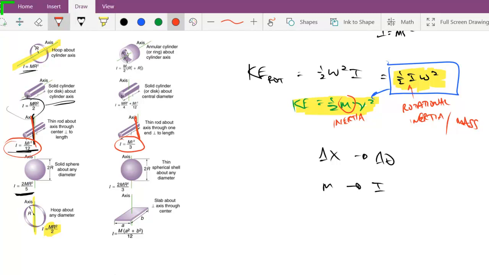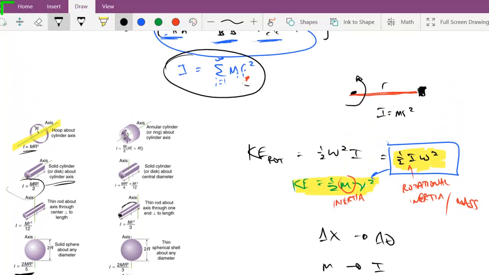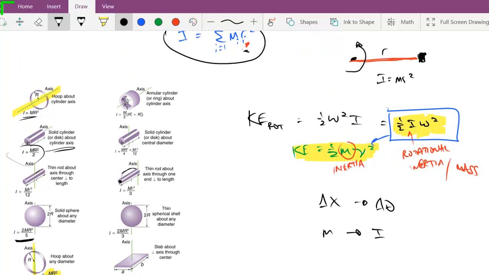It's much larger if you rotate it about the end, because on average the mass is all farther away. We have some way out here, which is a very long distance, versus the ends of it, which are only a short distance. And remember that the radius is squared, so the farther away you make it, the much larger the rotational inertia is.